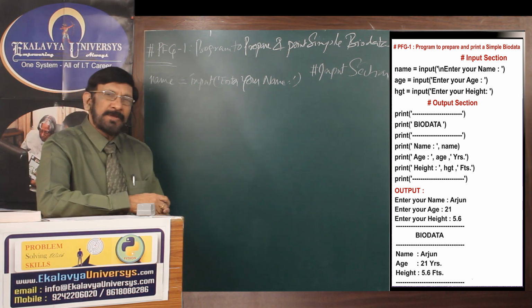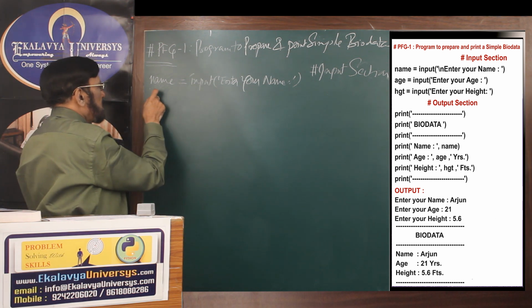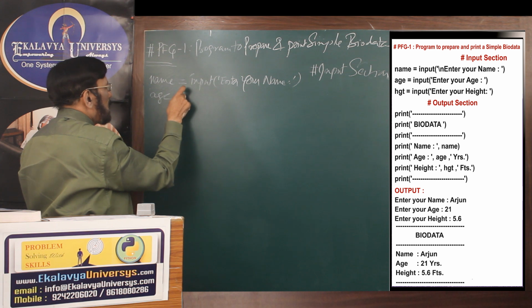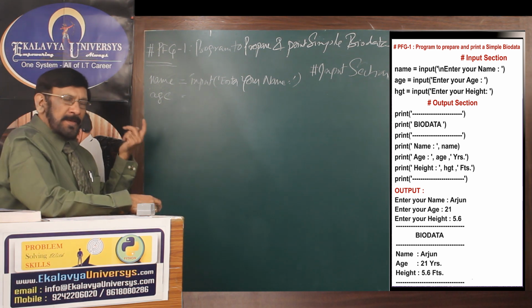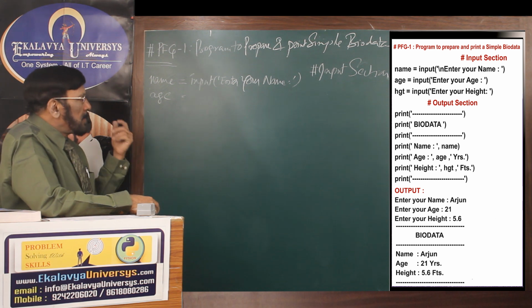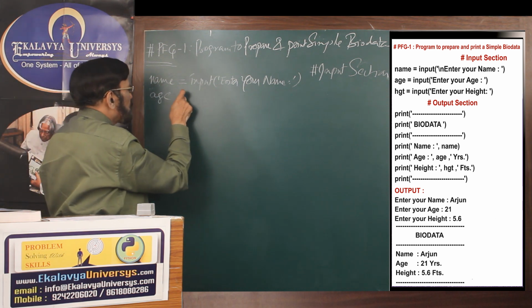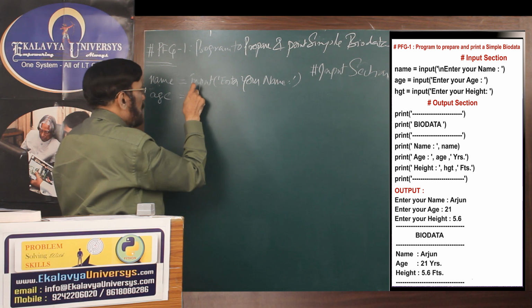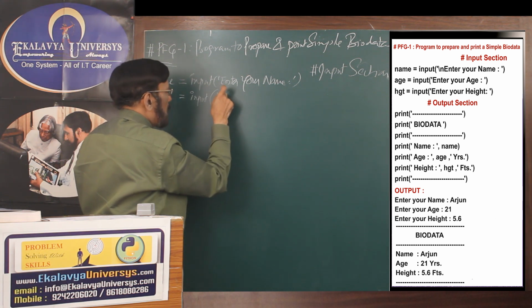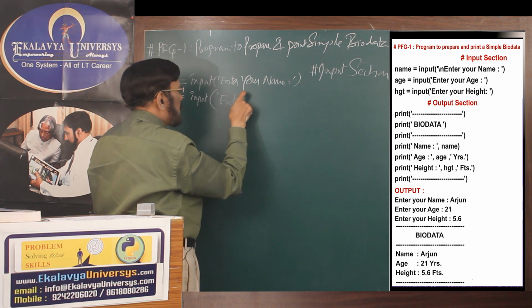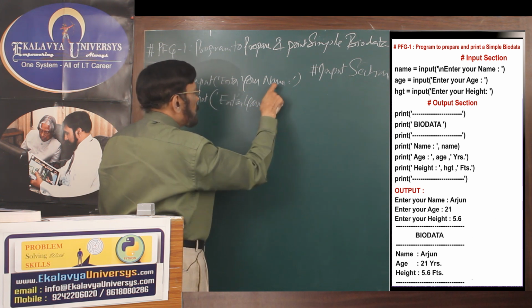Okay. The second variable is age. Is there any short name for that? If you use any short name, like A, AG, or AE, people cannot understand. So you write age. Thereafter the input function. Now what prompt statement do you write? Enter your age.